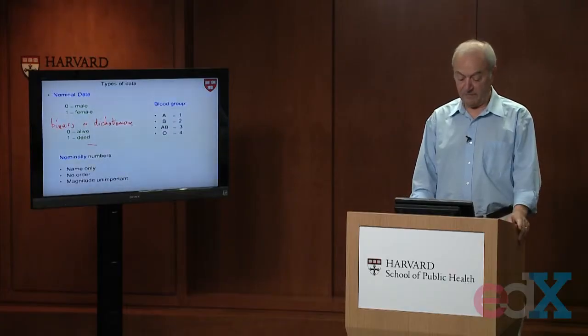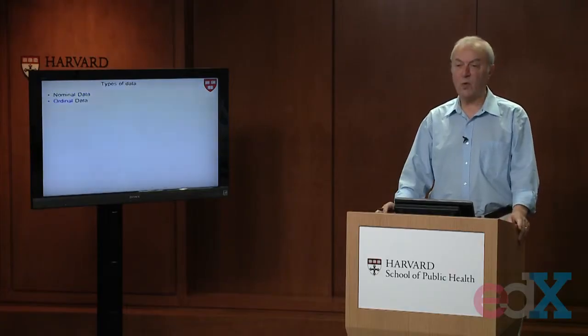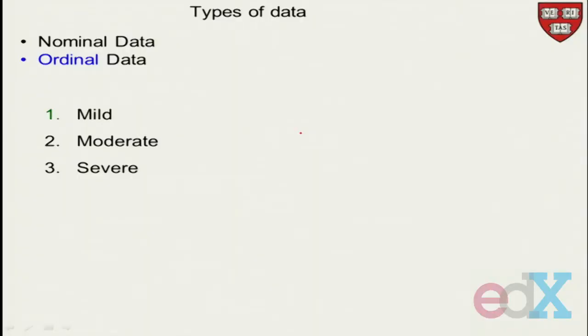So that's nominal data. Now, as we go up the ladder of complexity and properties of data, the next one up is ordinal data. And now, what we want is the order to be important. So here we might classify some disease as mild, moderate, or severe.